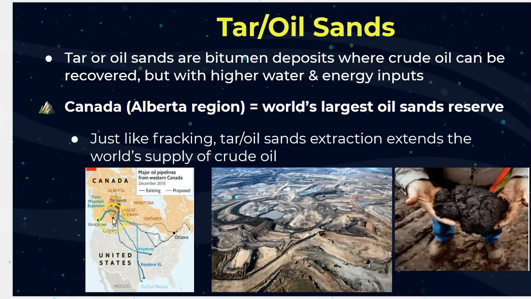Most of these formations are in Alberta, Canada, and we talked about the Keystone Pipeline and getting these tar sands down from Canada all the way down to refining in Houston. It can be pretty environmentally damaging, but there's lots and lots of it. And so it is a more expensive version of crude oil, but in times of scarcity, it's an alternative.